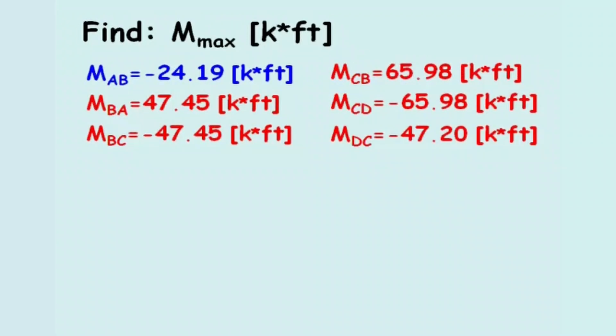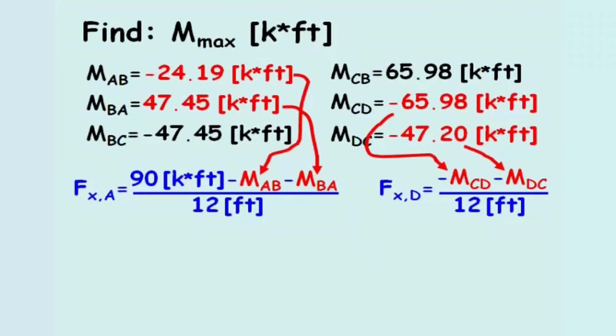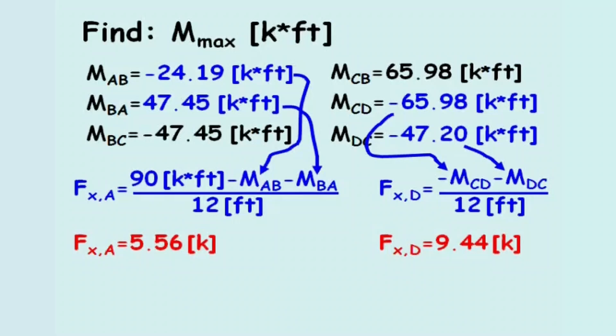Next, the horizontal reaction forces at points A and D are determined by plugging in the moments for AB, BA, CD, DC, and the horizontal reaction force at point A equals 5.56 kips, and the horizontal reaction force at point D equals 9.44 kips.